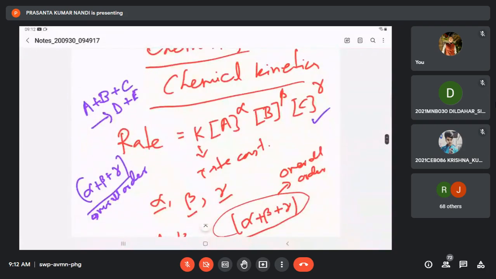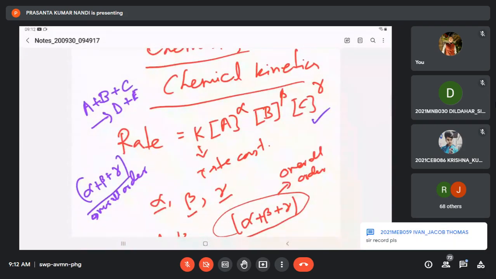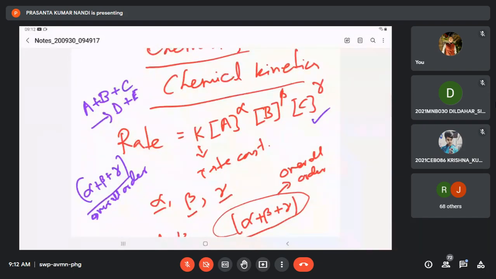So you know in general that the rate of a chemical reaction is generally expressed like that, but it is not always correct because most of the reactions that we know are multi-step reactions and they are complicated in nature.